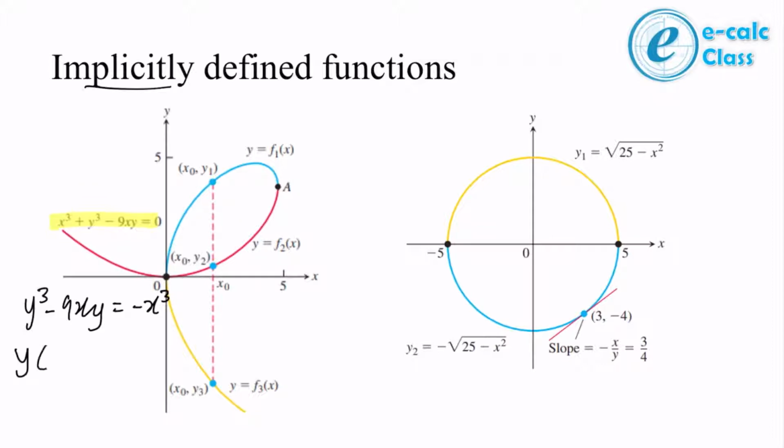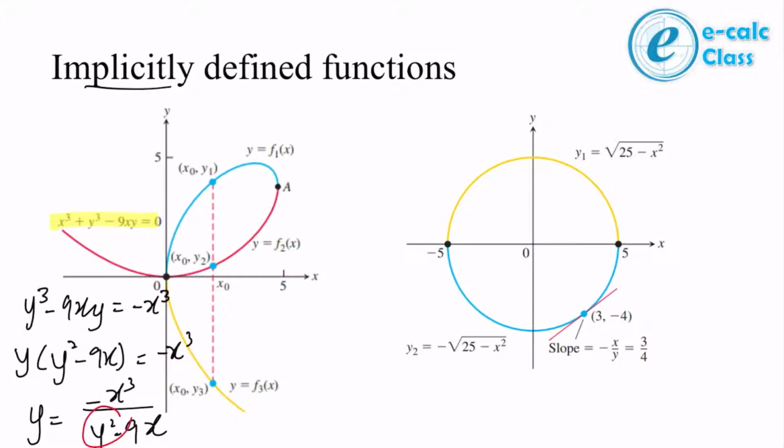Then we factor out the y, 9xy, this one we have a 3. We try to factor out the y, we have y squared minus 9x, right? Then y equals to negative x cubed. You see, we have a problem here. We always have a y on the other side, right? So this is what we call implicitly defined function. We cannot explicitly express y in terms of x.